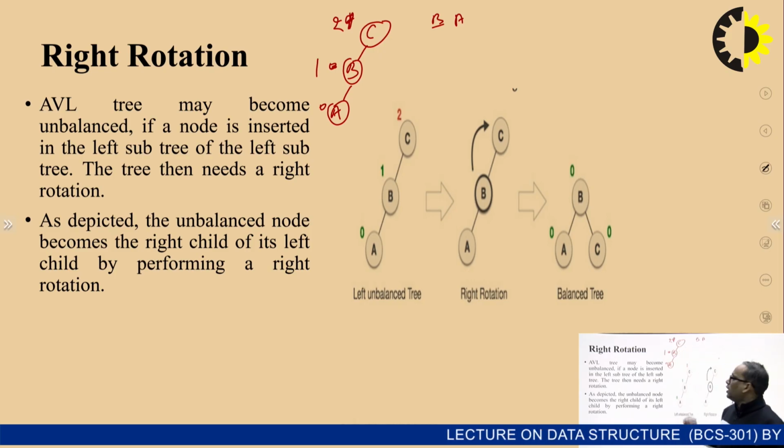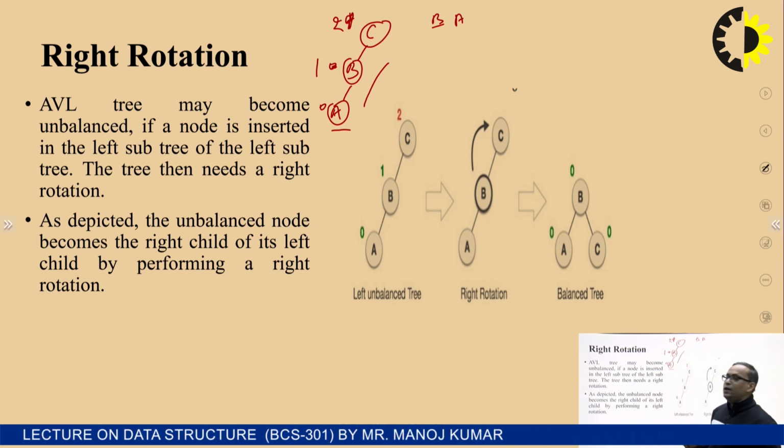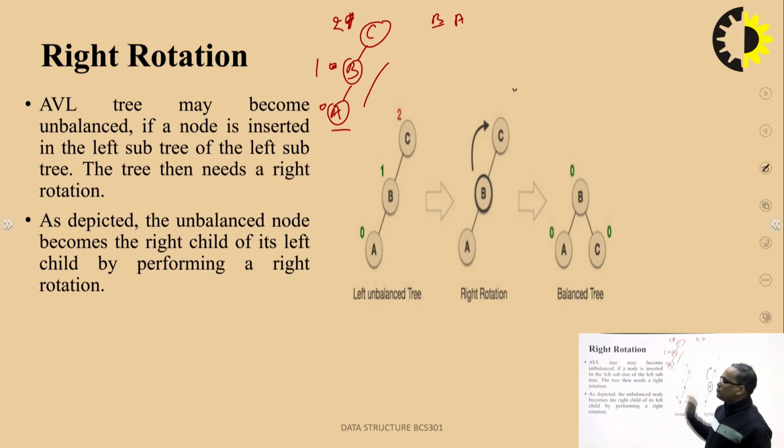So now the tree becomes unbalanced, because node A was inserted in the left subtree of C. The balance factor of A is 0, it is okay. The balance factor of B is 1, it is okay. But the balance factor of C is 2, which is not acceptable.